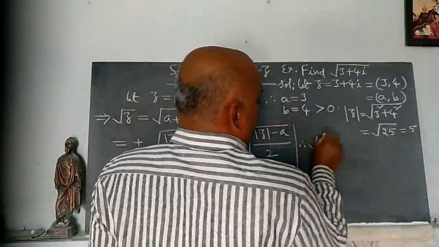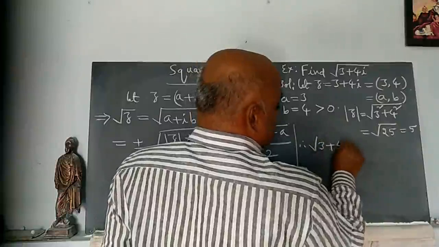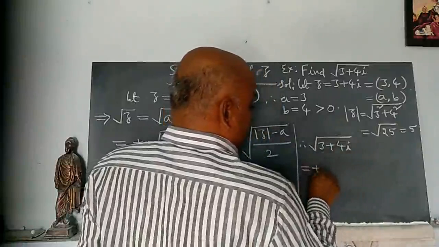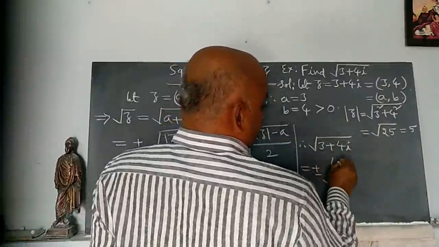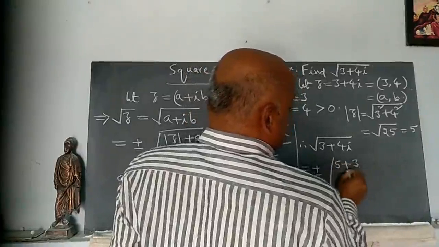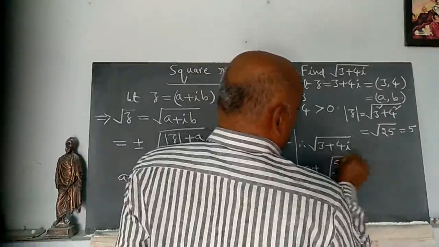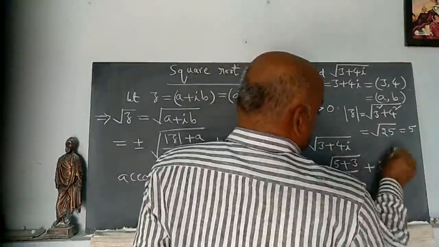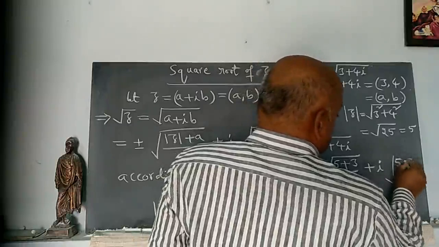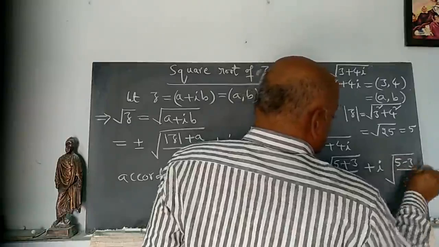Therefore, the square root of 3 plus 4i is equal to plus or minus [square root of (5 plus 3) by 2 plus i into square root of (5 minus 3) by 2].